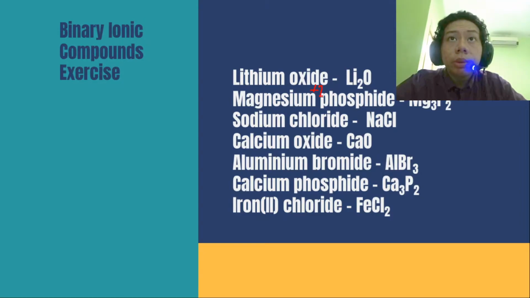Magnesium is plus 2. Phosphorus is negative 3. Use the crisscross method again. We get Mg3 and phosphide 2. Mg3P2.